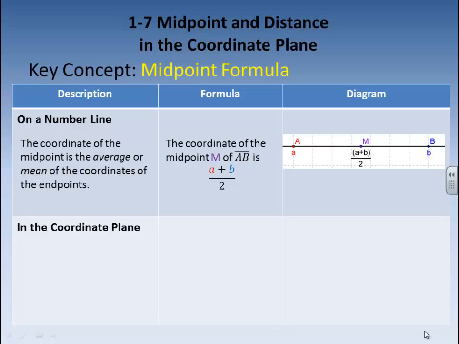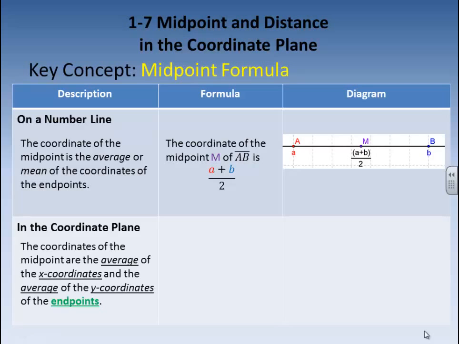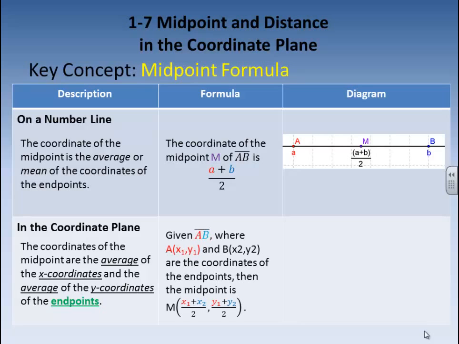In the coordinate plane, that means the x and y axis plane, you have to average the x coordinates and the average of the y coordinates of the endpoints. So if I have a line segment AB where A is x1, y1 and B is x sub 2, y sub 2, then the coordinates would be adding x1 and x2 together, divide by 2.